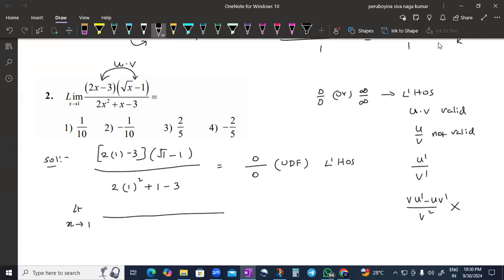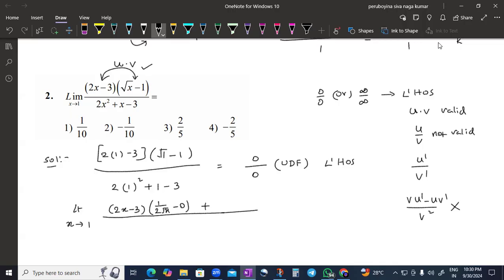So here I'm using the u into v rule for these two functions in the numerator because the functions are in multiplication. So u v dash: 2x minus 3 will be the same. What is the root x derivative? Root x derivative is 1 by 2 root x, and minus 1 derivative is 0.